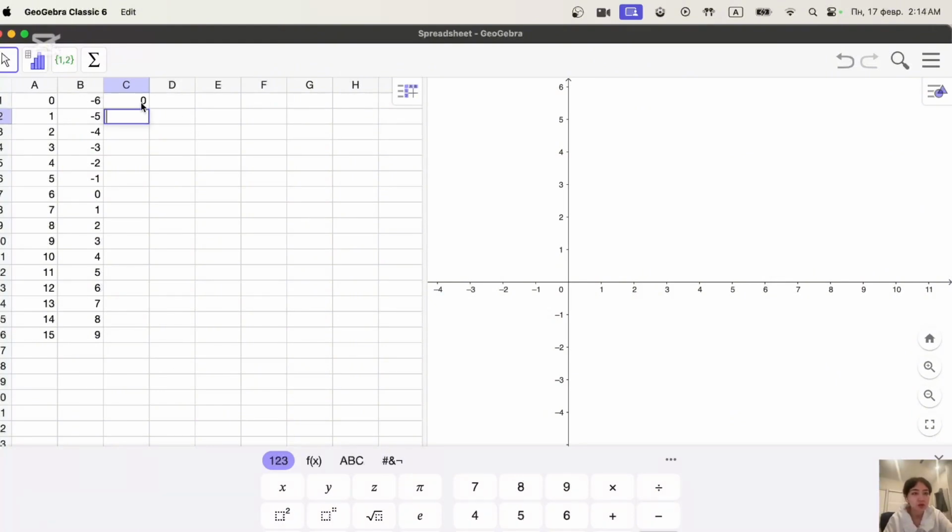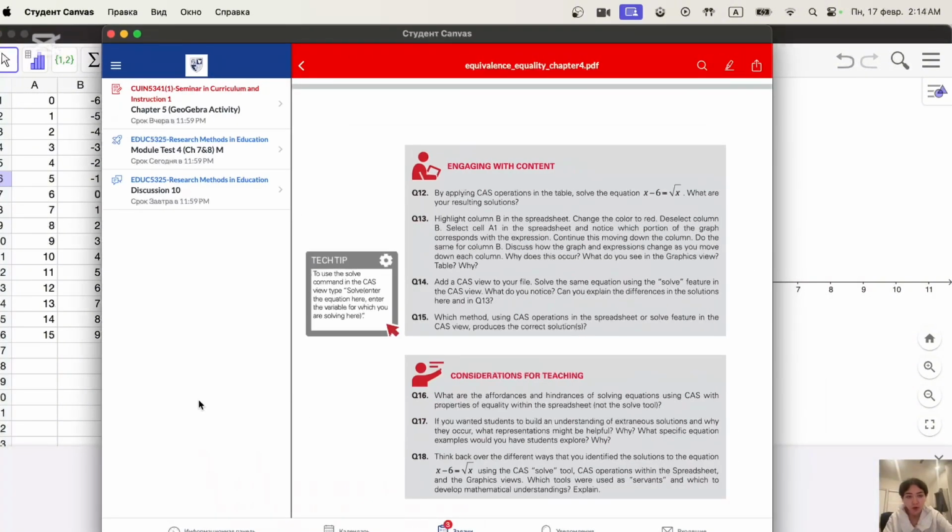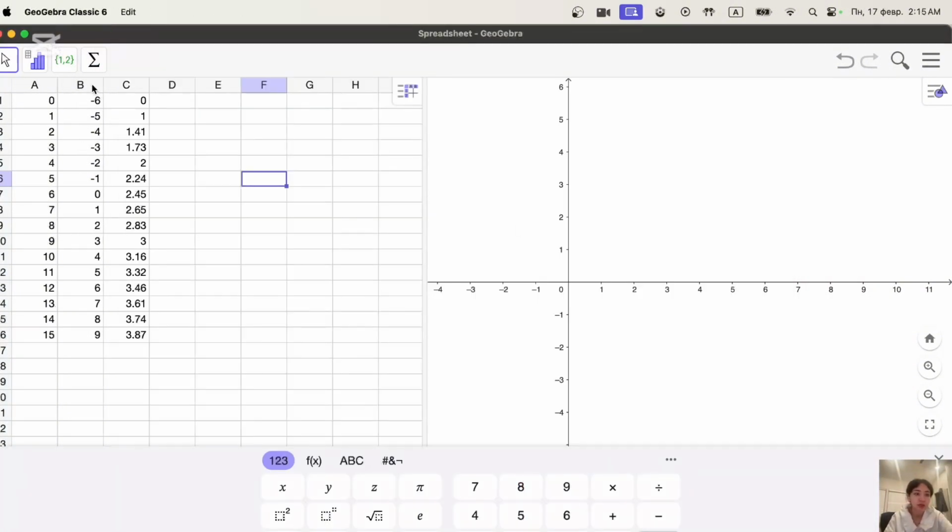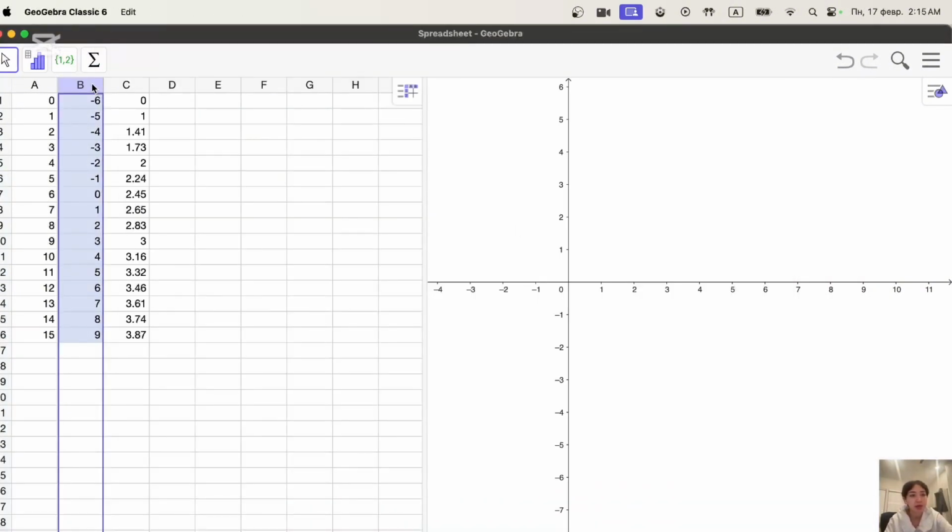Let's then drag down to fill the column for all x values. So what we're supposed to do is highlight column B and change the color.